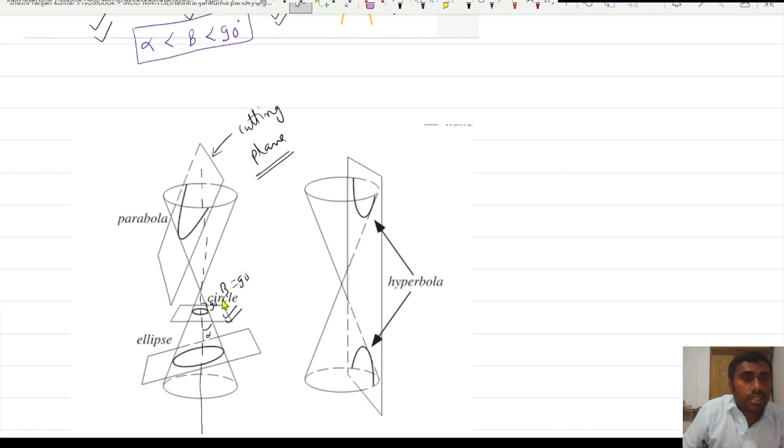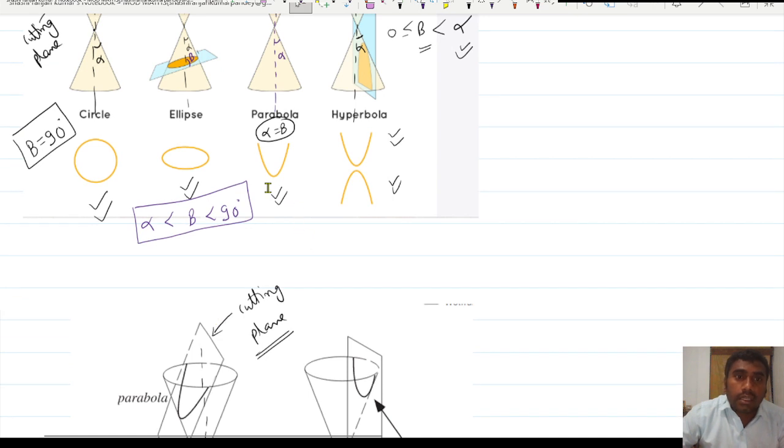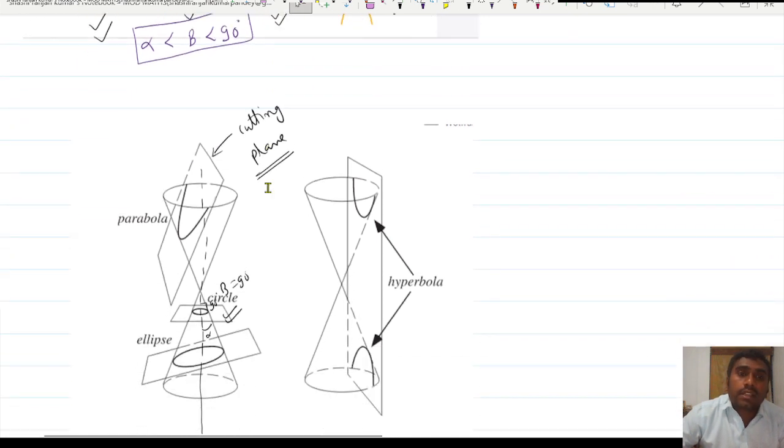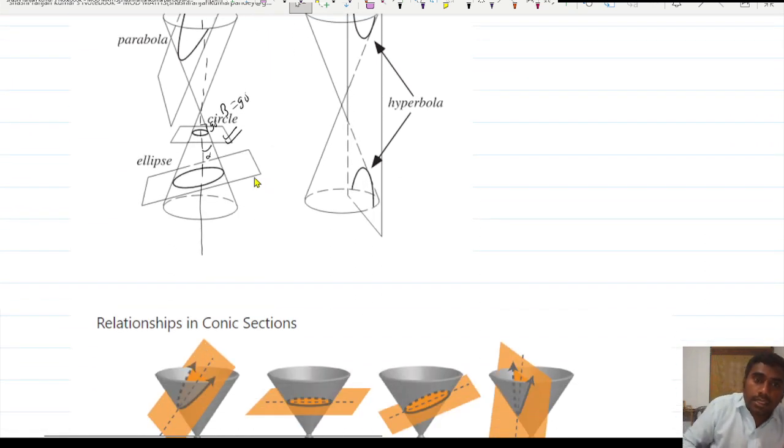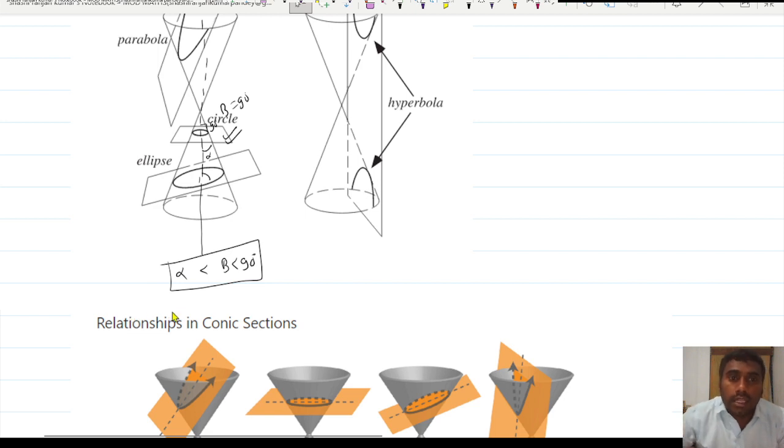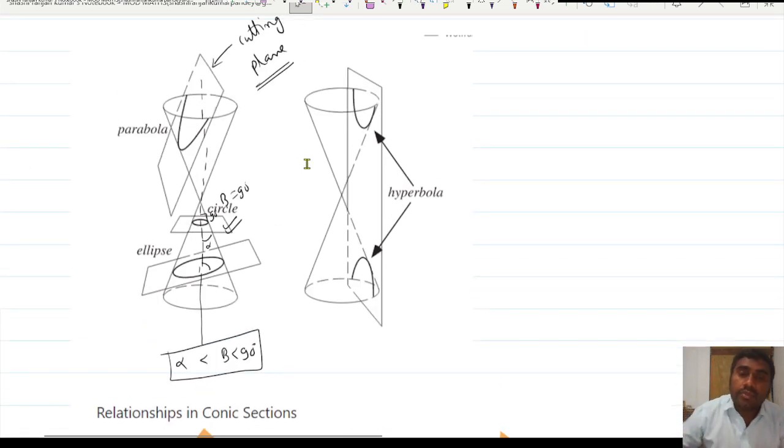So this forms a circle. For the ellipse, beta is less than 90 degrees but greater than alpha, so that forms an ellipse.